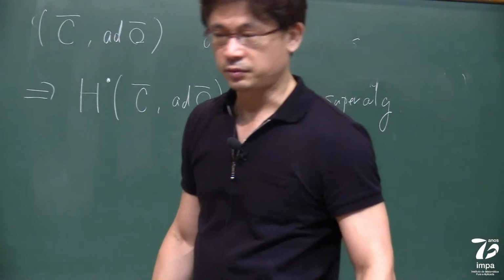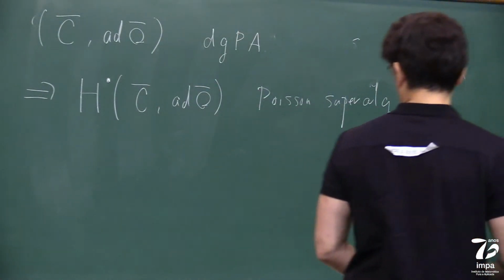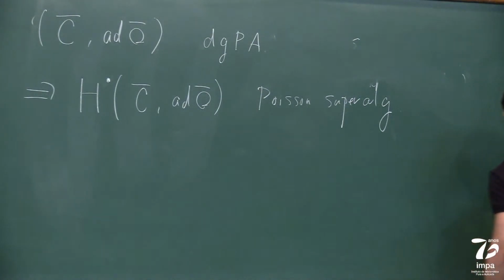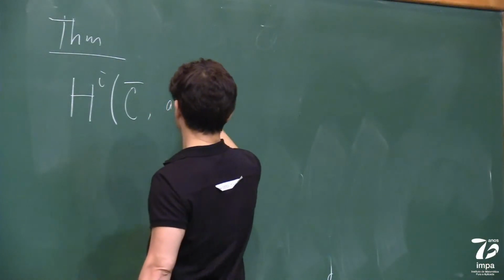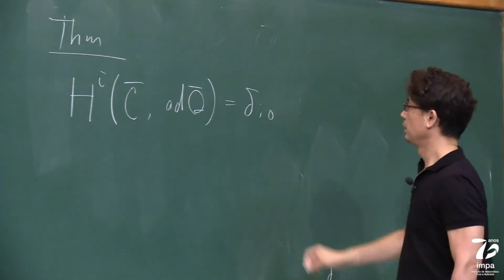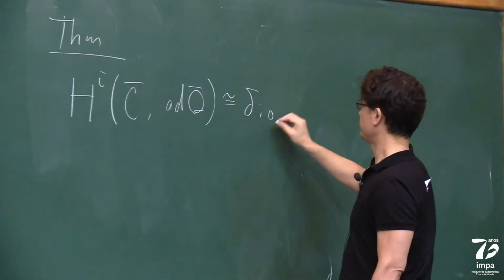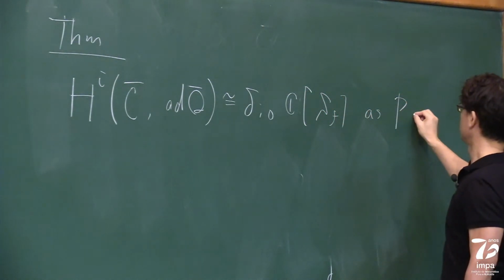So multiplication and Poisson bracket are well defined on the cohomology classes. Then the theorem says first that the cohomology vanishes for non-zero i, and H0 is isomorphic to the functions on the Slodowy slice as a Poisson algebra.